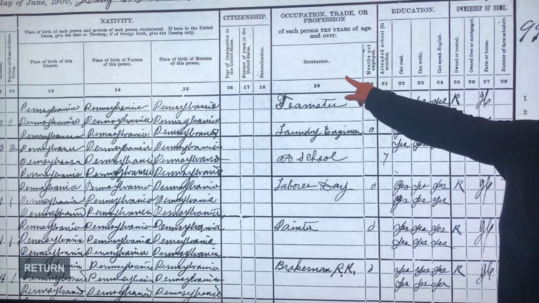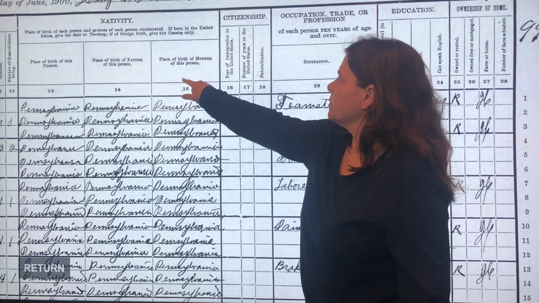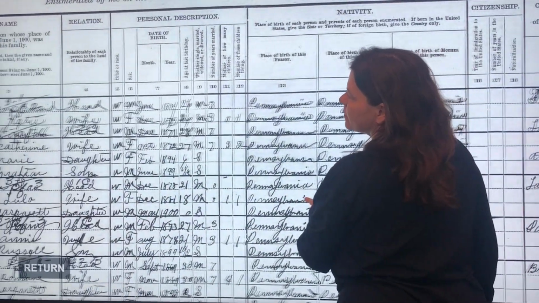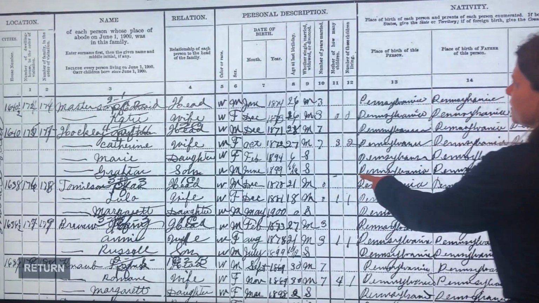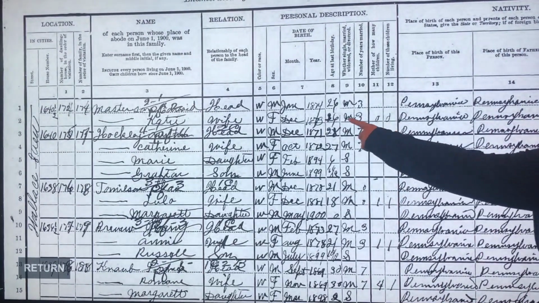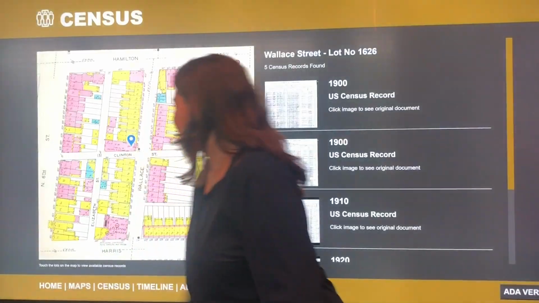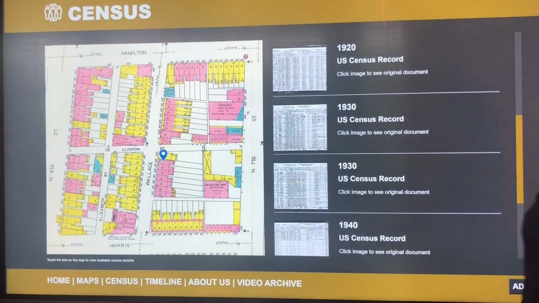You can find if they were a man or a woman. Sometimes you can find their race. You can learn about their children and their address. Let's return. And back to home.